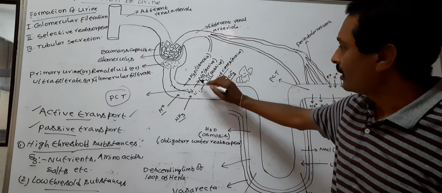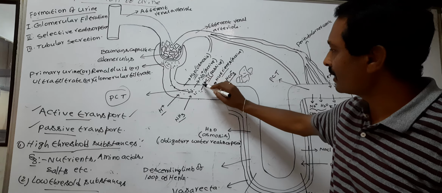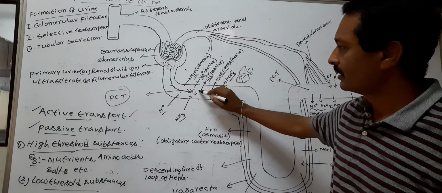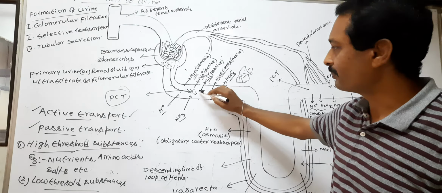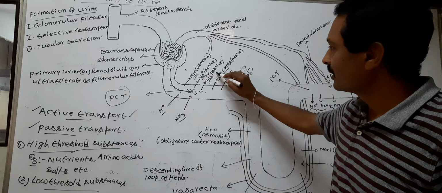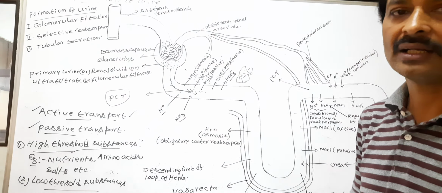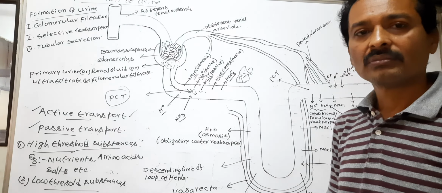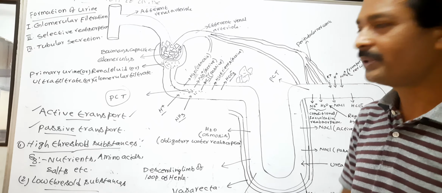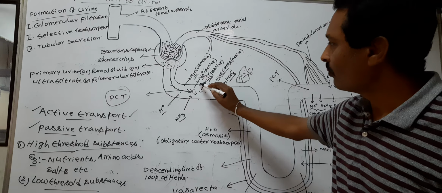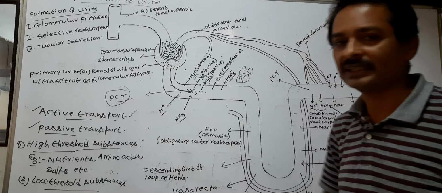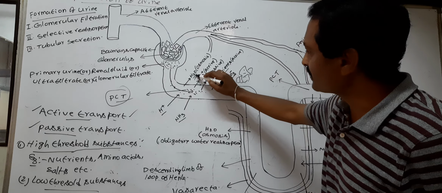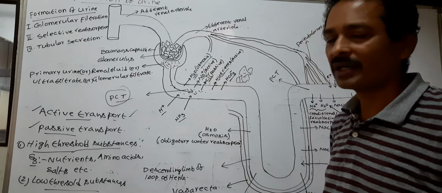So a large amount of water, sodium, chloride, nutrients, and bicarbonate ions are reabsorbed from primary urine into cortical interstitial fluid through the brush-bordered epithelial tissue of the wall of the PCT, the proximal convoluted tubule. Here water is reabsorbed by osmosis.